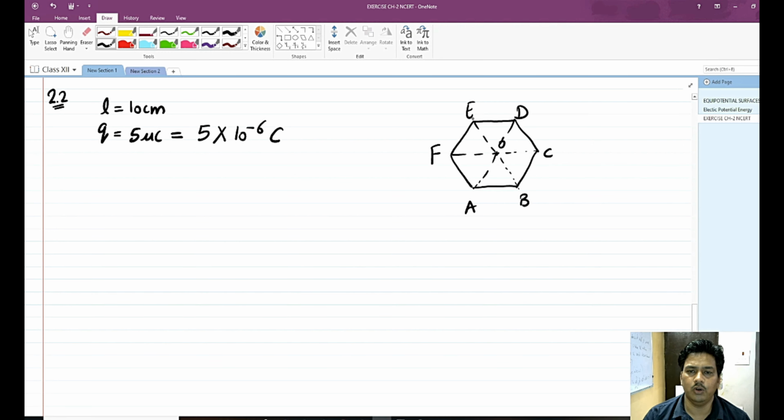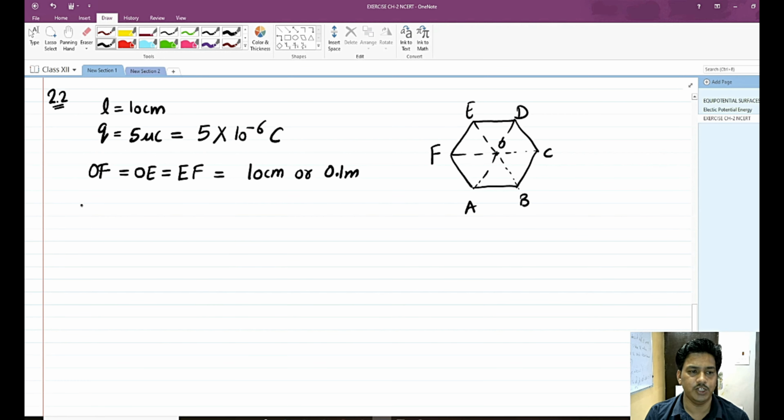So triangle OEF, triangle OAF, triangle OAB, all the triangles behave like an equilateral triangle. So it means all the sides of an equilateral triangle are equal. Therefore, OF is equal to OE is equal to EF. It means all are equal to 10 centimeter, or I can write it as 0.1 meter.